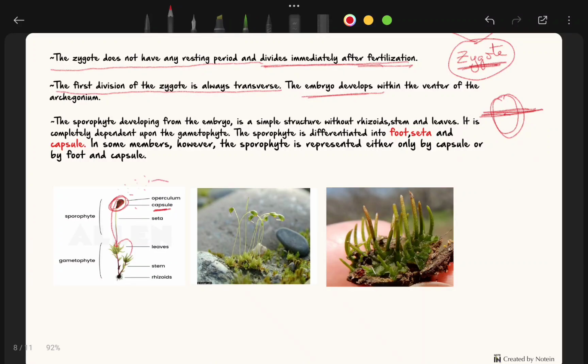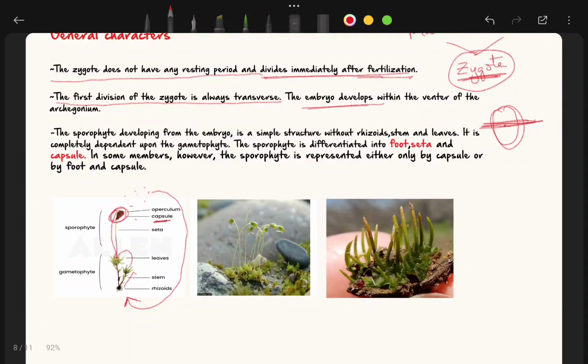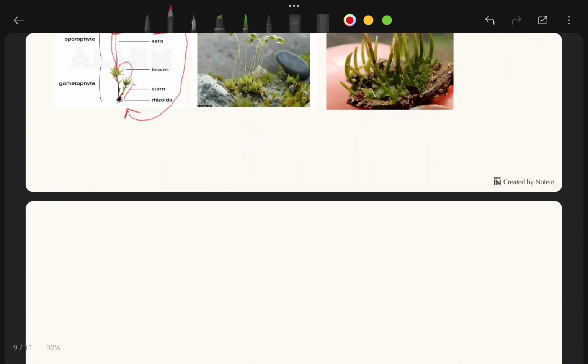Each of these spores on germination will give rise to the gametophyte, and then the gametophyte will again produce the female and male gametes, and the cycle goes on and on. So these are some of the characters of bryophytes.